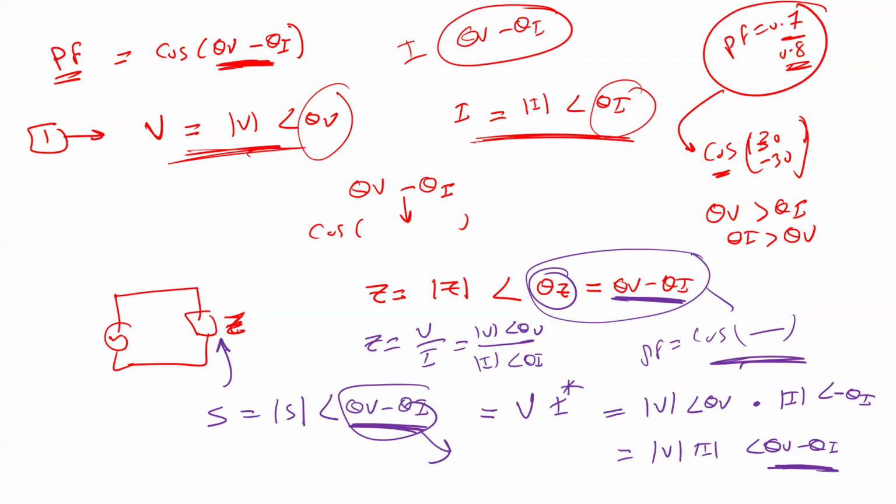That is why when I give you the power factor, I should not just give you a value. I have to tell you if this value is leading or lagging. I have to give you another piece of information.